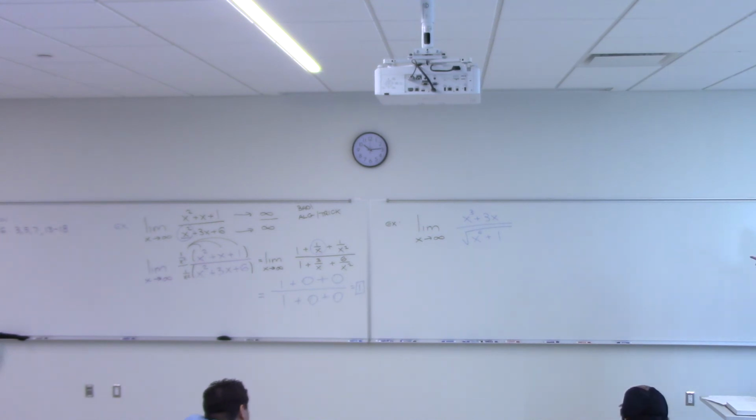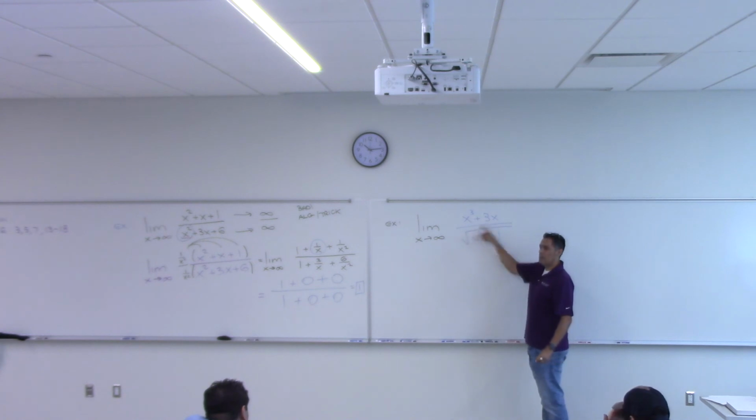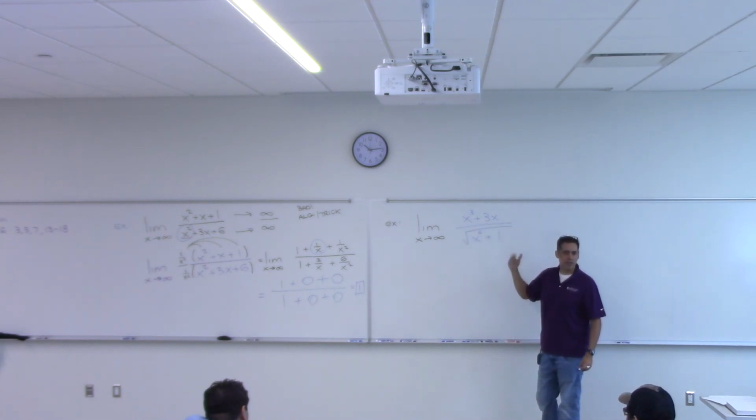This is not a rational function, right? It's not a rational function because of the square root. If the square root wasn't there, then we could do what we normally do.